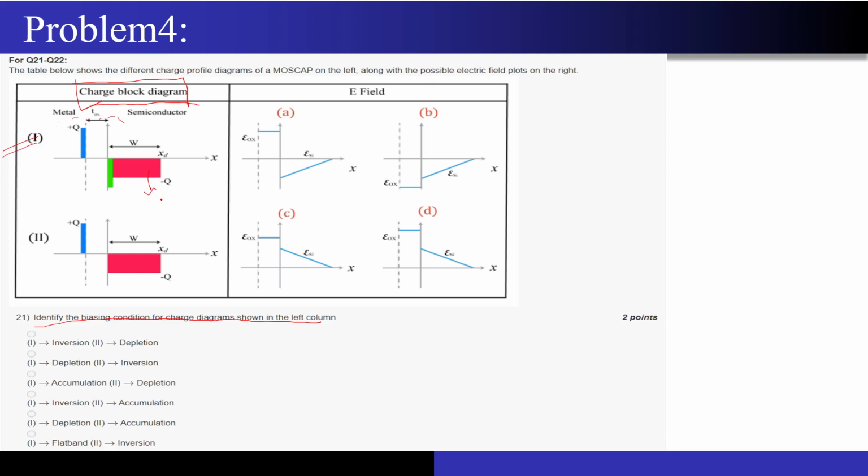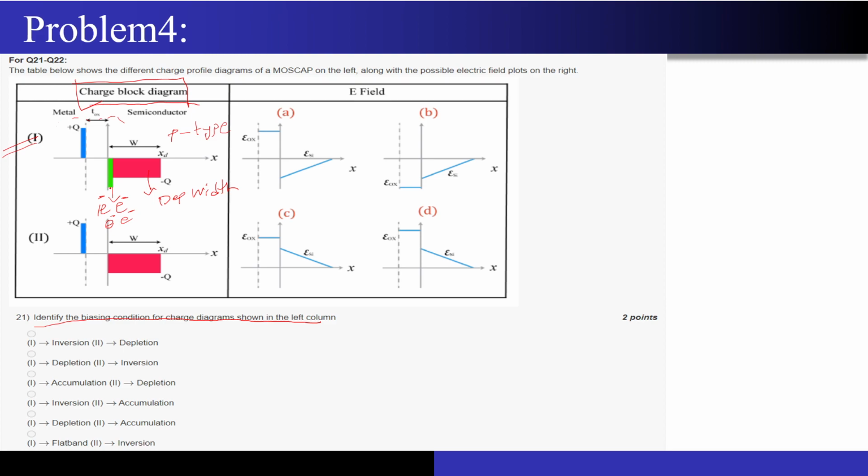This red thing that you are seeing over here is nothing but the space charge region. This is your depletion width. And this green one, assume this is a P-type semiconductor. This green part shows that there are a lot of electrons near the silicon to silicon dioxide interface.